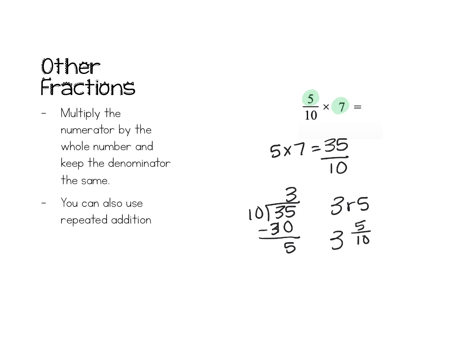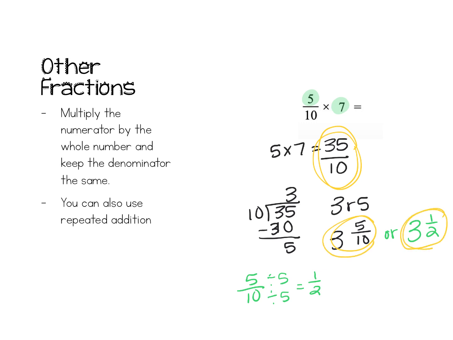Now that fraction of 5/10 can be simplified because 5 and 10 can both be divided by 5. So another way to write this would be 3 and 1/2. So all of these answers are correct because they are all equivalent.